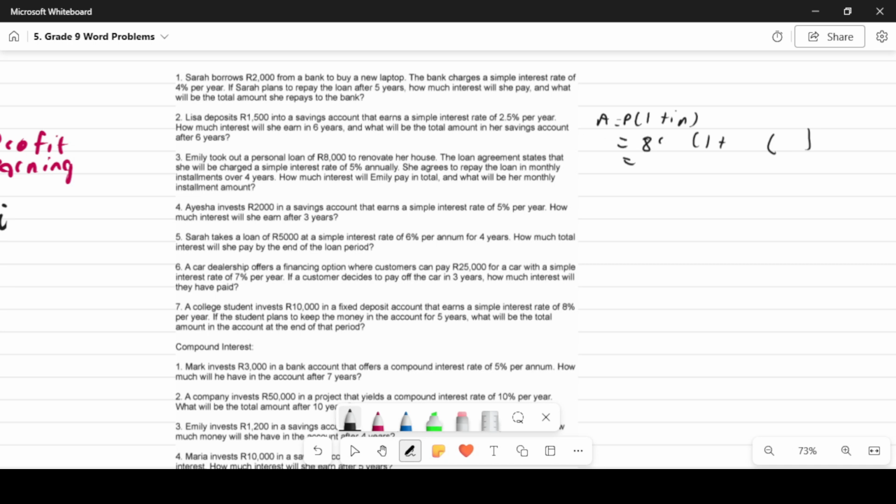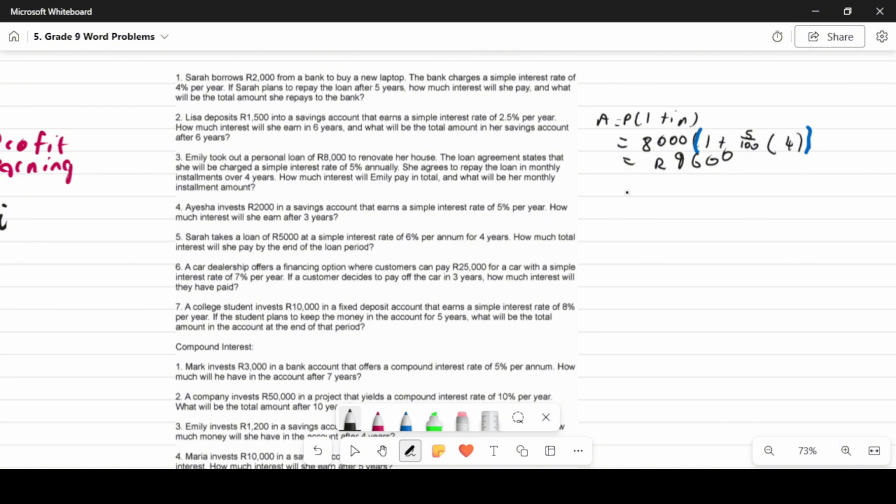So it'll be 8,000 Rand into 1 plus 5%, which will be 5 over 100 into 4. Right? Therefore, we get 9,600 Rand is the total amount that she'll pay to the bank.